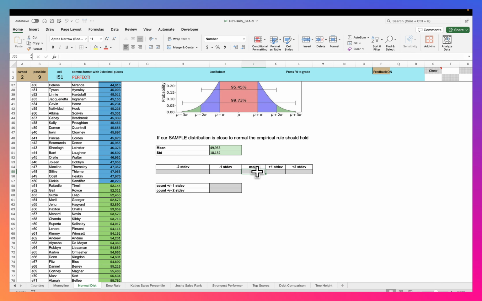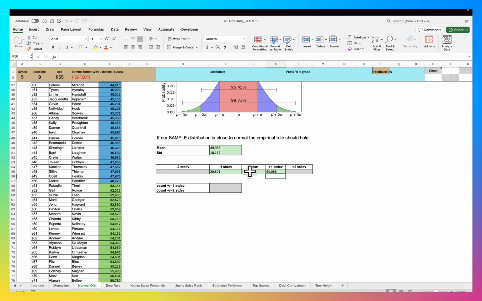All right, and then the mean, now we'll fill out this little thing to see if we can match these boundaries here. So our mean is 49,000. If we subtract, we go equals that minus 1 standard deviation, we get that number. And over here, if we go equals the mean plus 1 standard deviation, we have that number as a boundary.